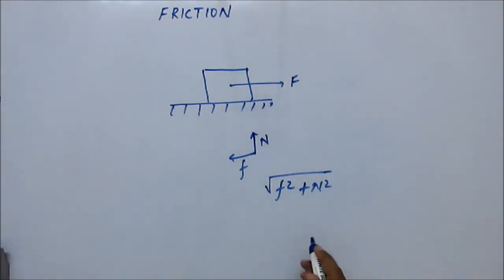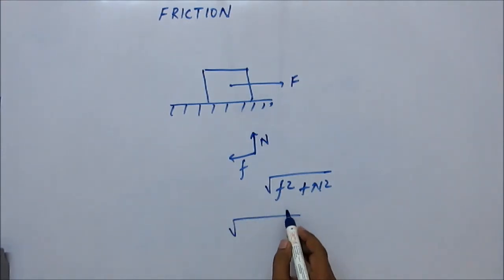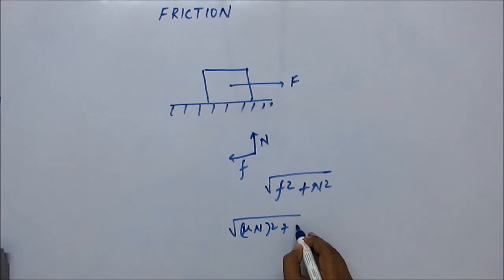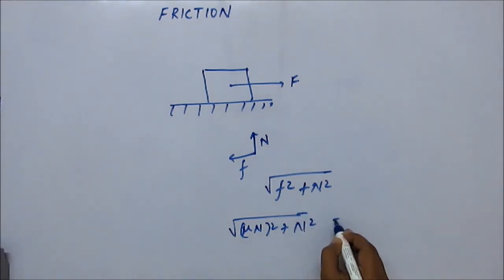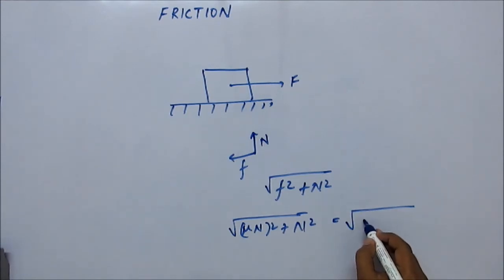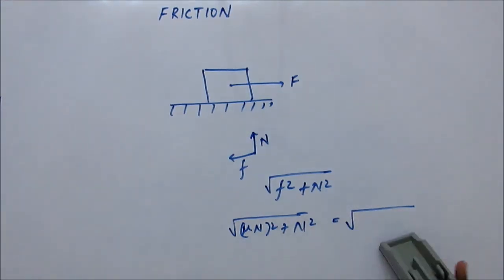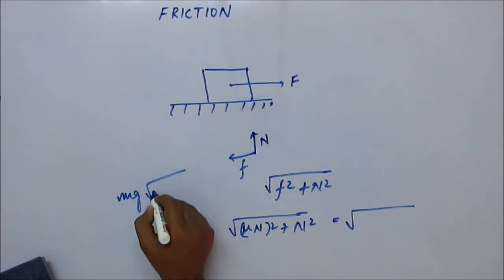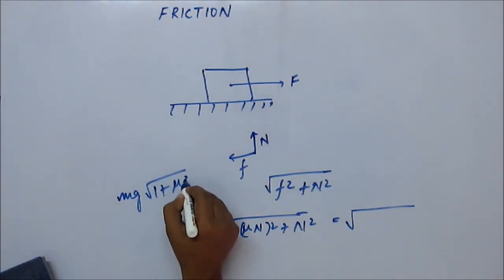Now F would be equal to mu times N, and N will be equal to mg for the vertical equilibrium. So it turns out that the resultant force in this case will be mg into root over 1 plus mu square.